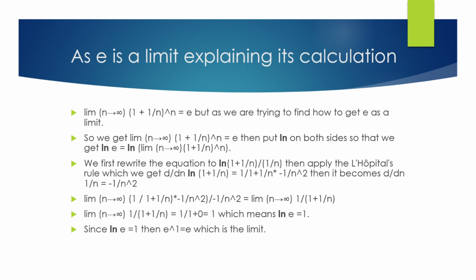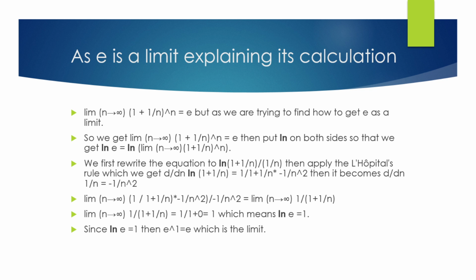Then we would put natural log on both sides. So we would get natural log of e equals natural log of the limit of the equation we already know. We then rewrite it as the limit of natural log of (1 + 1/n) divided by 1/n.